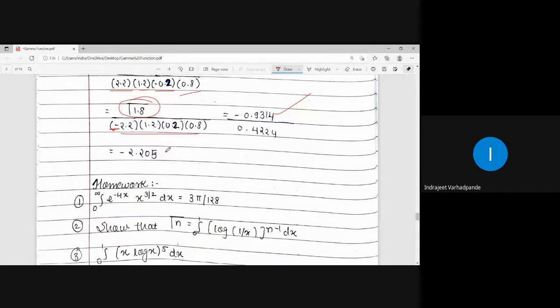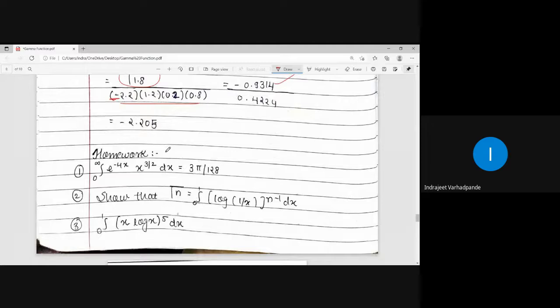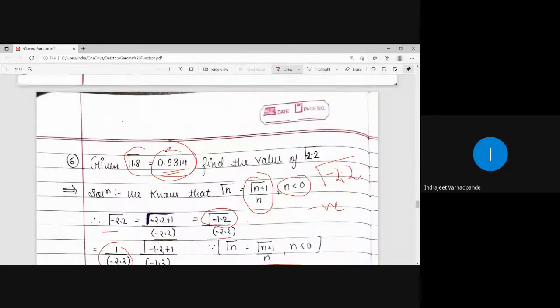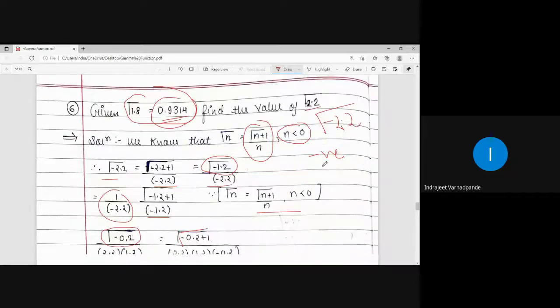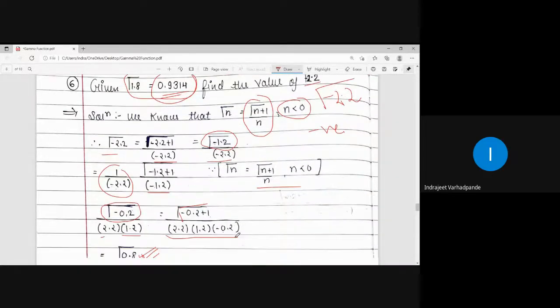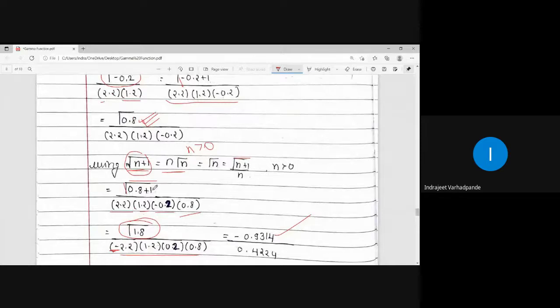So this was all the mathematical portion related to the example of the gamma function. Initially, when you see the negative number, use this property consistently till 0.8, no problem. But again, I have to utilize the given data which contains gamma 1.8. So I have to make the use of gamma n plus 1 upon n. So accordingly, gamma n will be for n greater than 0 using this property.